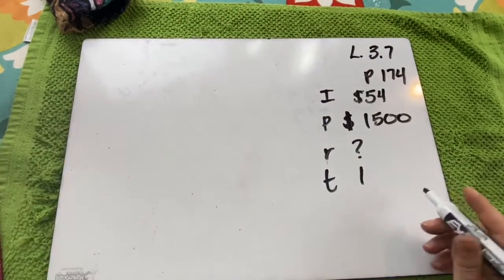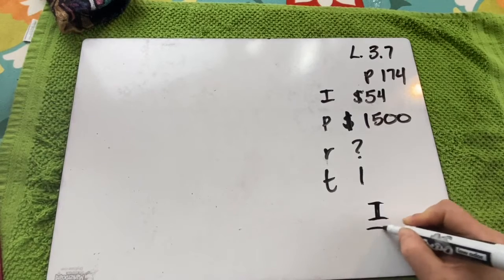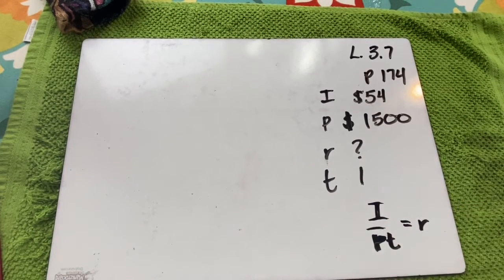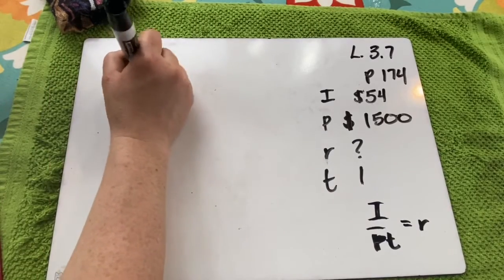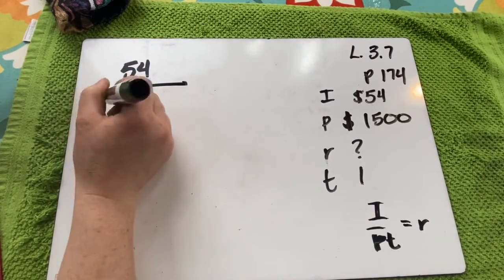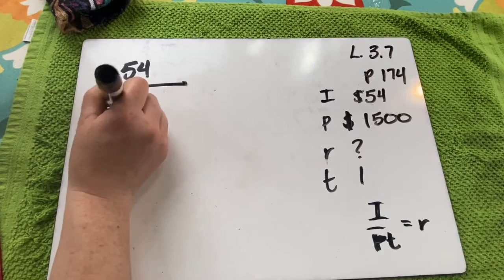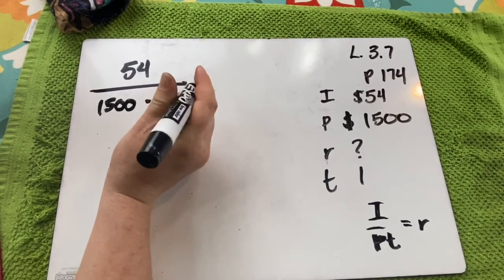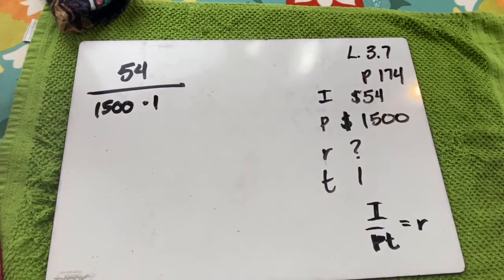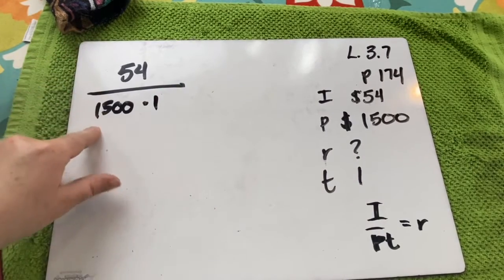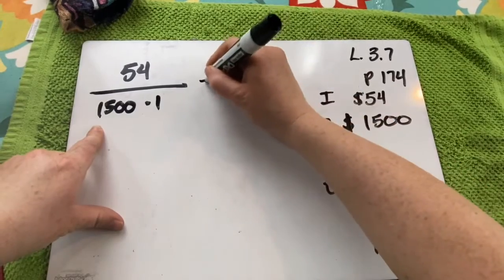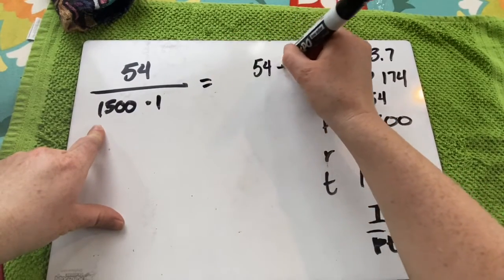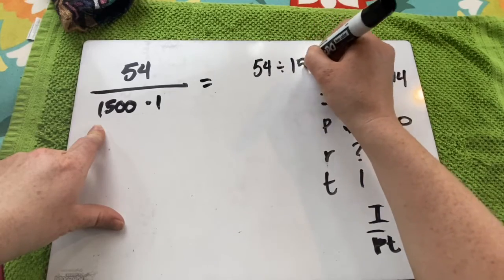Remember, we got I divided by PT equals R. So I have 54 divided by 1500 times 1. Use your calculator: 54 divided by 1500.